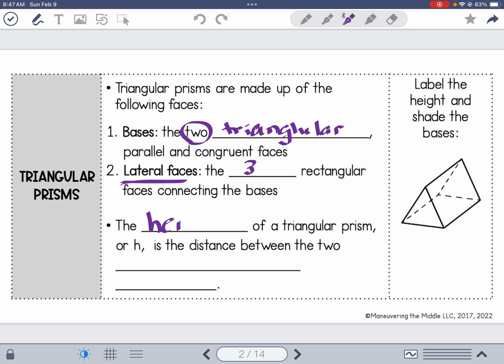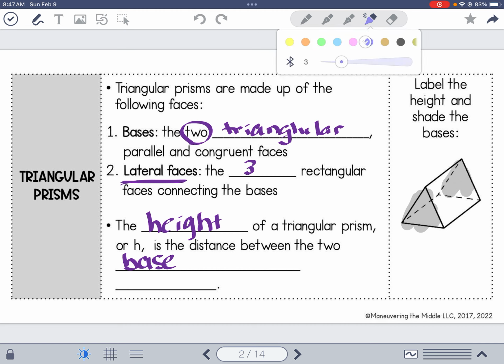The height of a triangular prism, or h, is the distance between the 2 bases. So here we go. There's one base, there's the other base. Where they connect right here, that is my height of my prism.